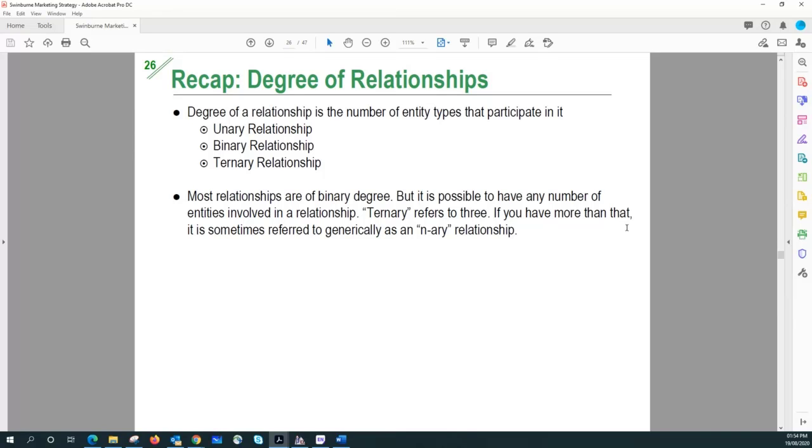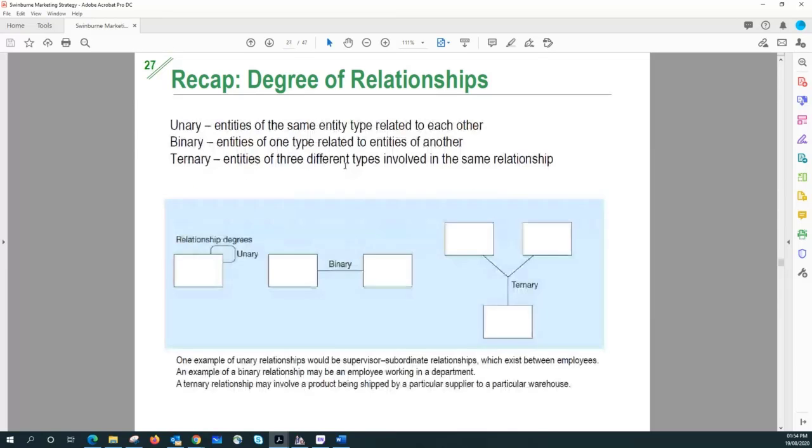If you have more than three entities, it's referred to as an n-ary relationship. We can have 5-ary, 4-ary, or 10-ary relationships. I haven't put more than three, but there can be such situations. That's something you need to remember, but we are not going to touch that. The only things we need to cover this semester are these three.